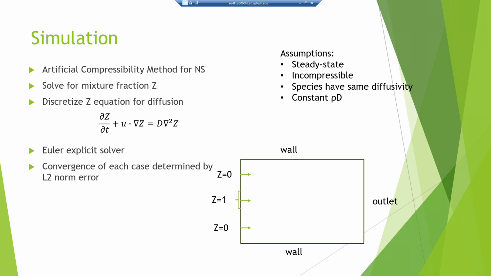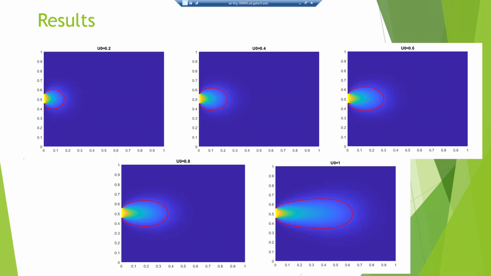Now to some examples of the results. So shown here are some examples of the mixture fraction field as the inlet velocity is increased. The red line represents the flame position, that is the stoichiometric mass fraction isocontour for an example reaction of hydrogen and oxygen.